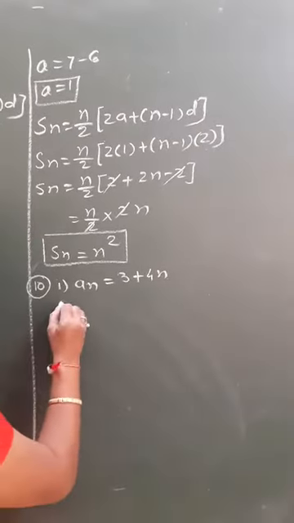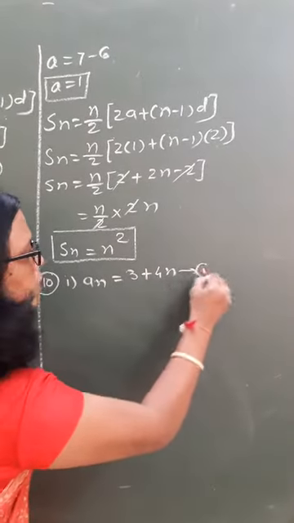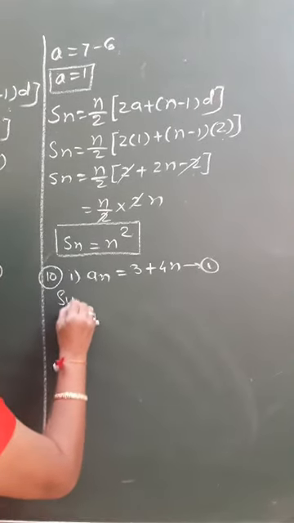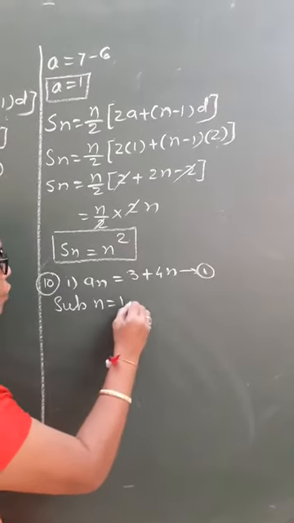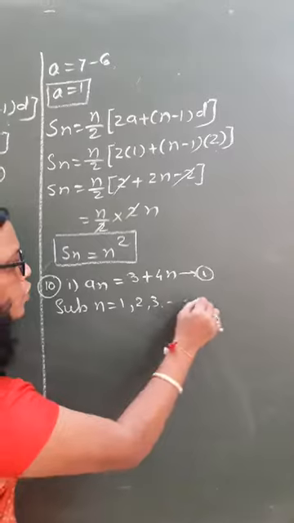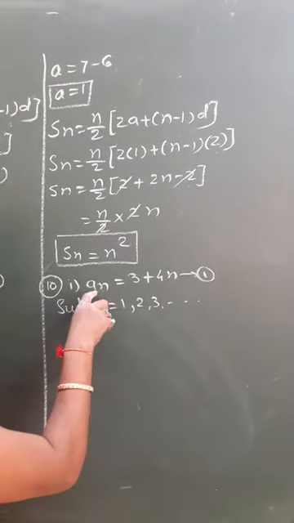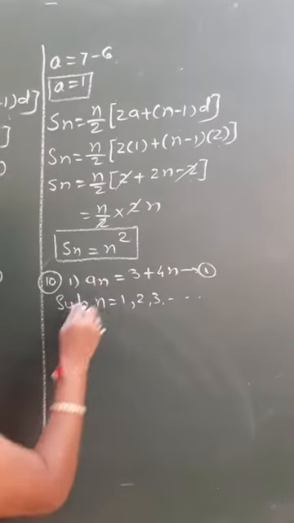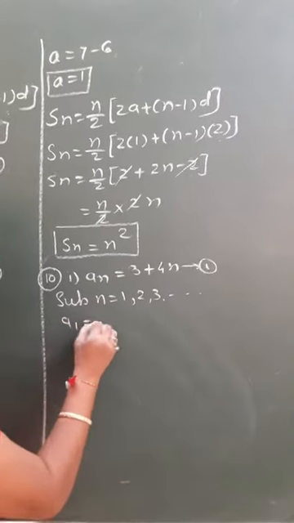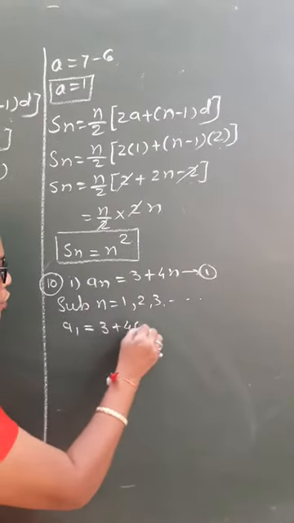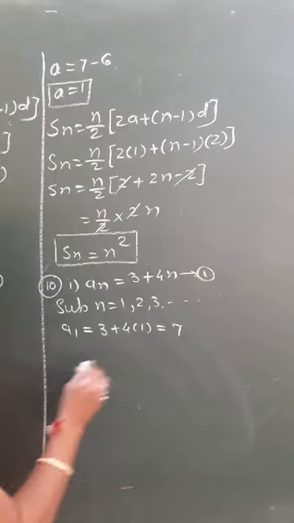Okay. So here we can call this A1, that is, substitute n is equal to 1, 2, 3 and so on. When we substitute n is equal to 1, A1 we will get as 3 plus 4 into 1, which is nothing but 7.